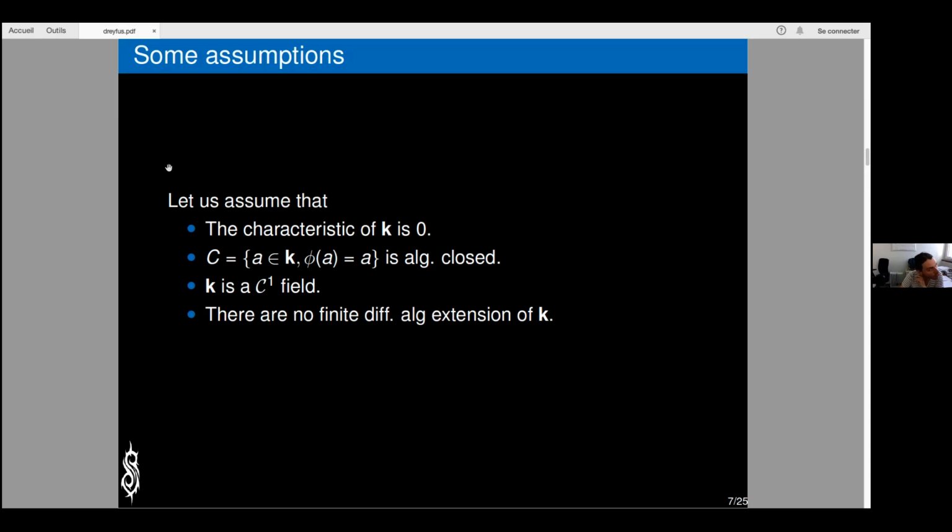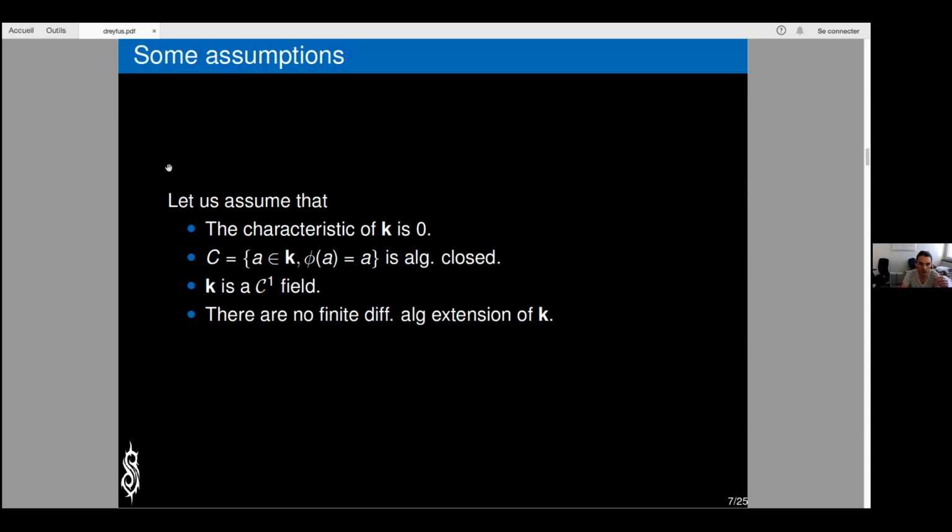Let me also assume that K is a C1 field. I don't want to recall what a C1 field is, but most fields you are using are C1 fields. And the last technical assumption is that there are no finite algebraic difference extensions of K different from K itself.